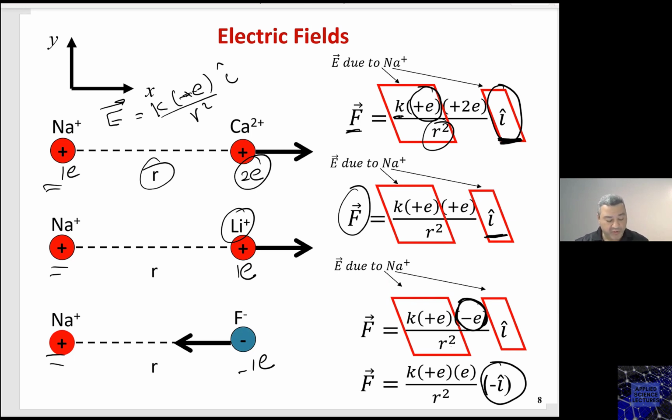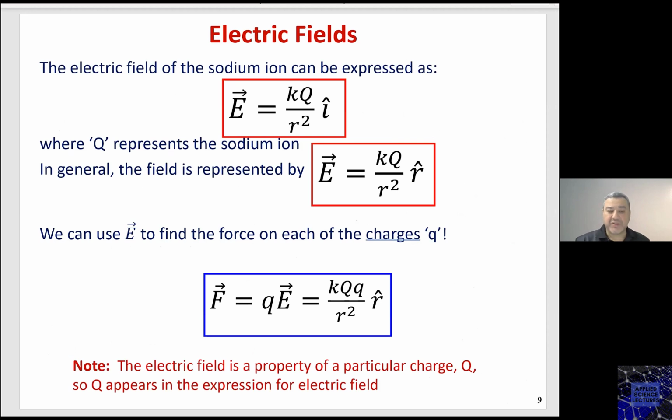Then what can I conclude? I can conclude that the electric field generated by this sodium charge is K times the charge that is generating the electric field, divided by the distance squared, which is the distance between my charge and the point of interest, and i hat defines the direction of my electric field.